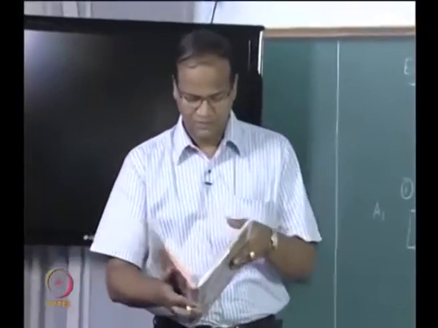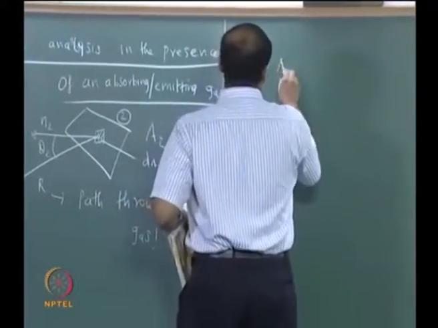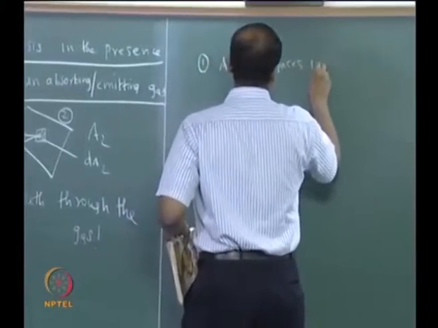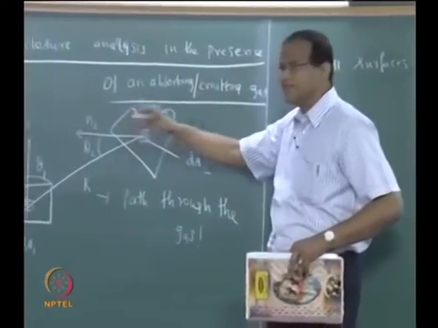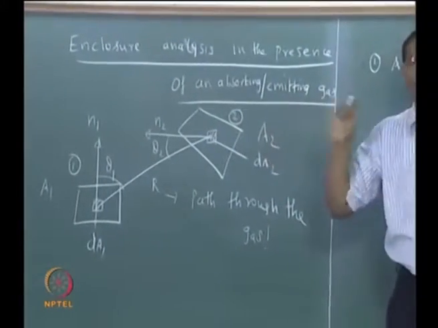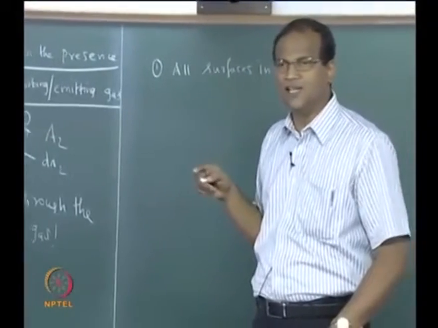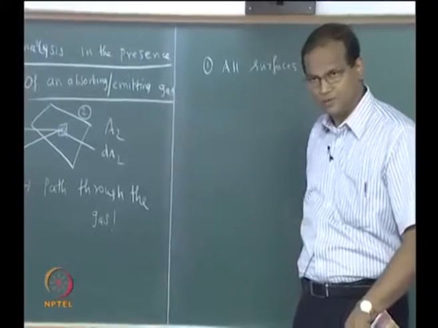Now, how do we start? Consider two surfaces A1 and A2 which are part of a general enclosure. In A1 and A2 we take two elemental areas dA1 and dA2, and the configuration is shown.